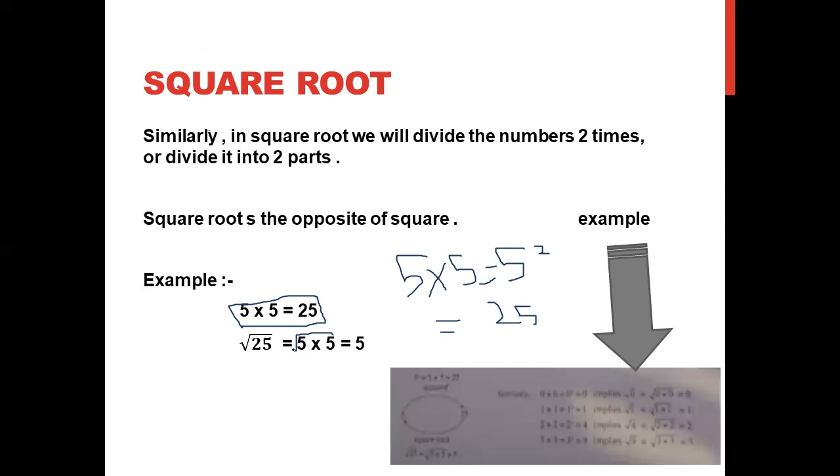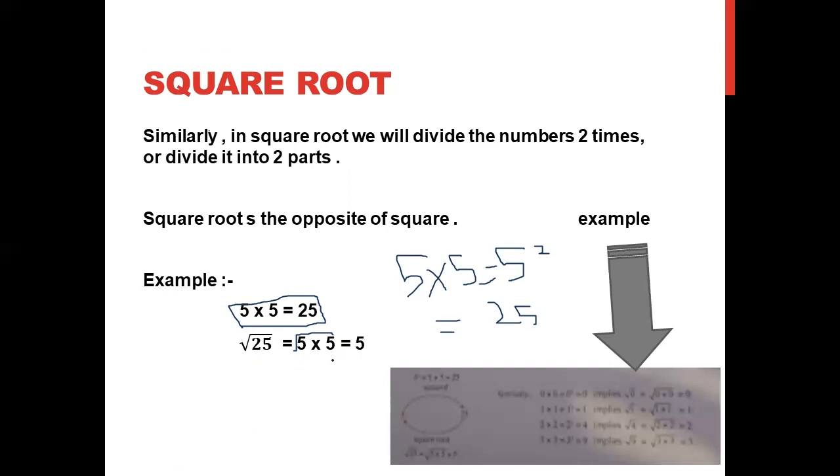These are such basic concepts. Now we know 25 is 5 multiplied by 5, so there should be no difficulty in that.